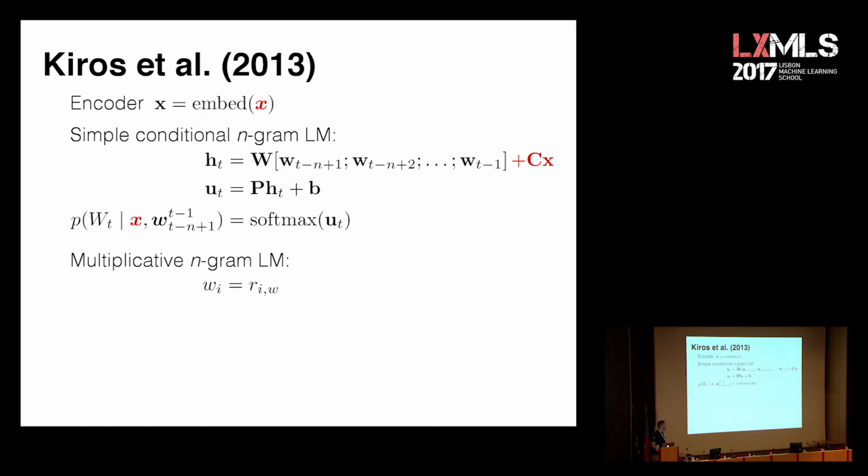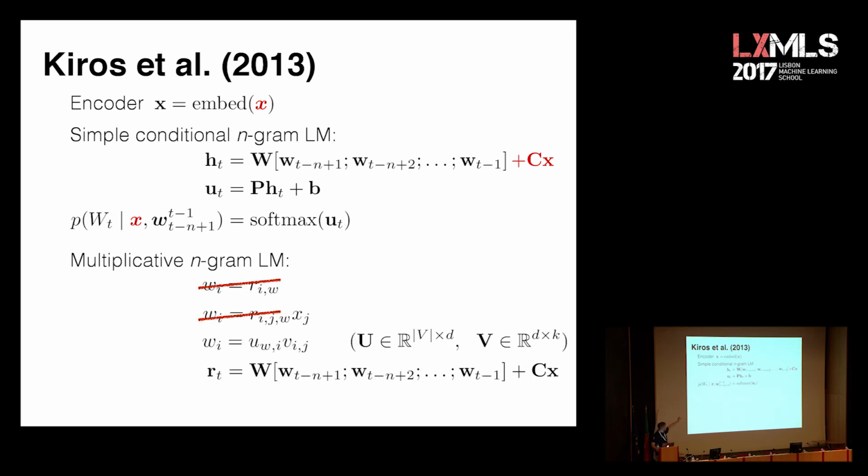All they did was add a dependency when they computed that hidden state at time t, on the context vector x. So they multiplied in some transformation of the embedding of the image. And that's, again, just how simple it is to add conditioning on this extra information. So now we're basically defining the probability of an n-gram conditional on a particular image.